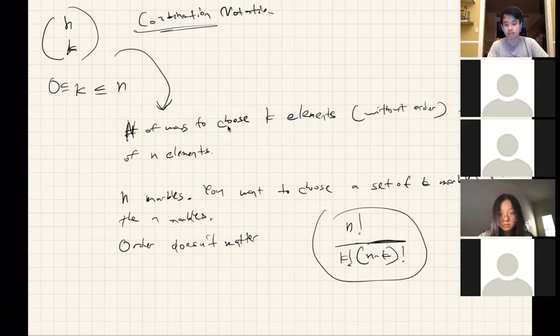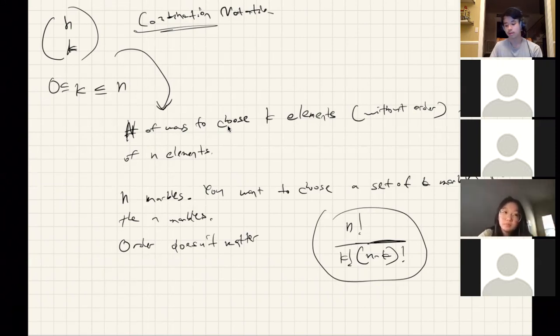We go into a little bit more detail on why this comes out to be the case in our combinations permutations handout, but I think you already have a pretty clear intuition about why this is true based on the examples we've been doing, because those were also all combination problems.